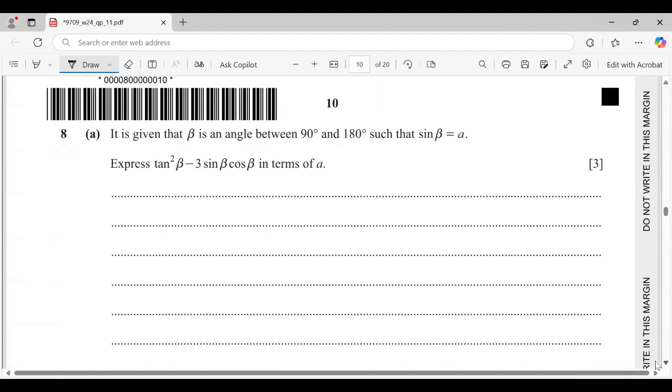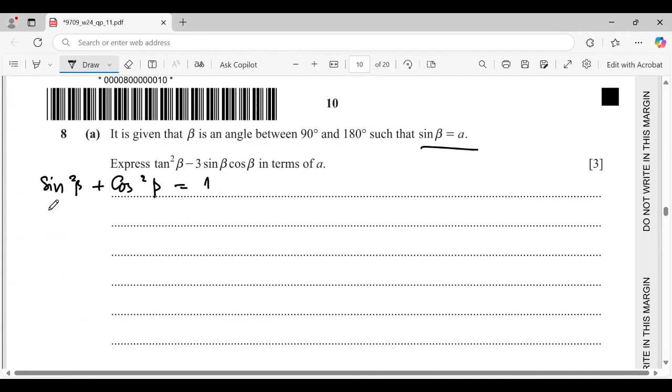It is given that beta is an angle between 90 and 180, such that sine beta equals A. Express tangent squared beta minus 3 sine beta cosine beta in terms of A. Sine beta equals A. I would like to write here the trigonometric identity sine squared beta plus cosine squared beta equals 1.